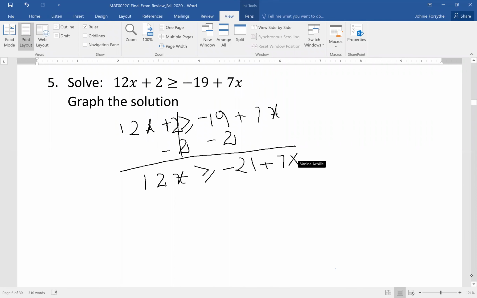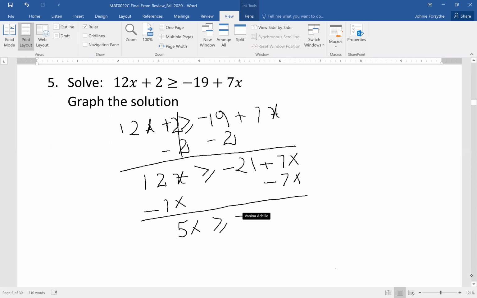Now I want the 7x together with the 12x, so I'm going to subtract 7x from both sides. So 5x is greater or equal than negative 21. Again, I have a 5 being multiplied by the x, so I'm going to divide to cancel it out. This cancels, so x is greater or equal than negative 21 over 5.